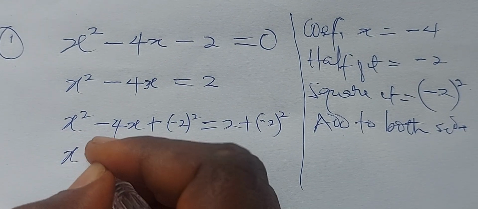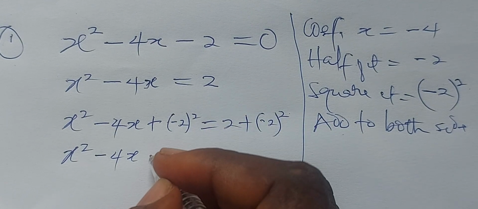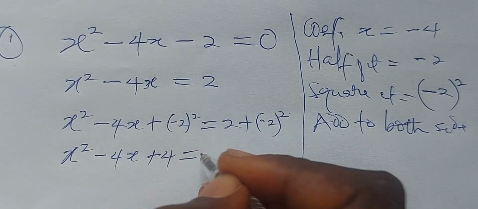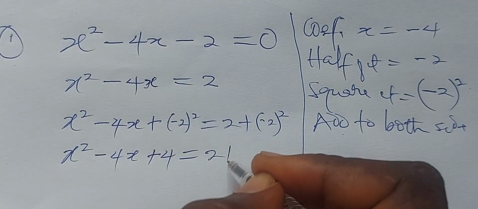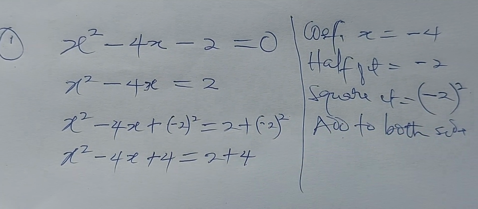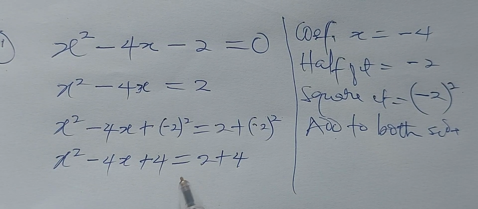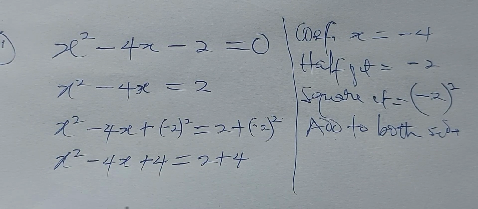We have x squared minus 4x plus 4 equals 2 plus 4, because minus 2 squared is 4. Okay, so in this case, you can factorize this using the factorization method.